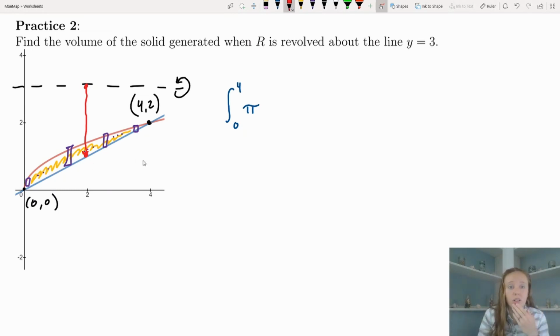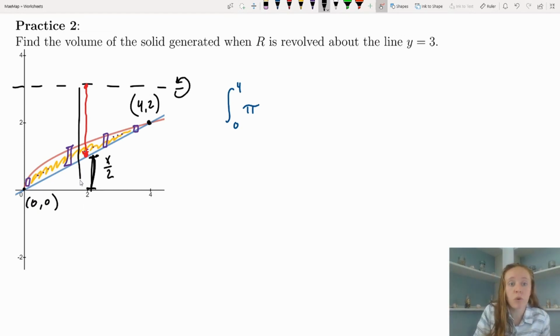And also, let's think about how we're actually going to figure out that distance. And something to think about is we know this distance here to here. This distance is from the axis to our function. So that distance is x over 2. But I don't want that distance, I want the rest of that distance to get to our axis. And I know that full length, at least.